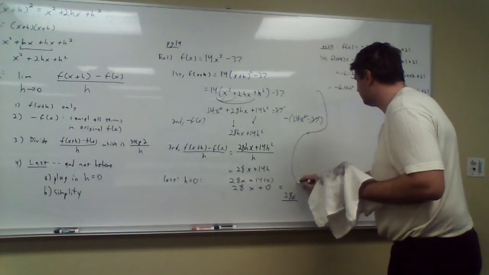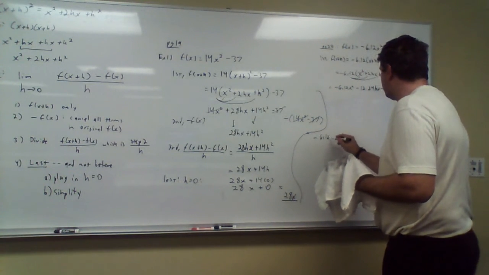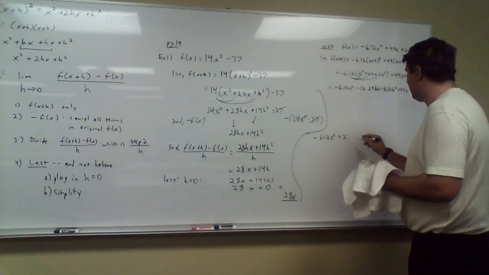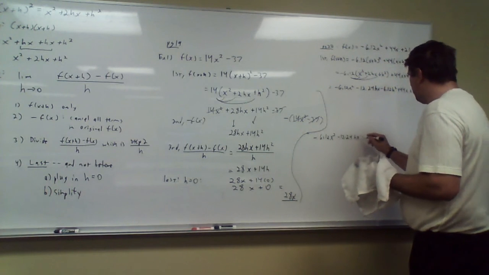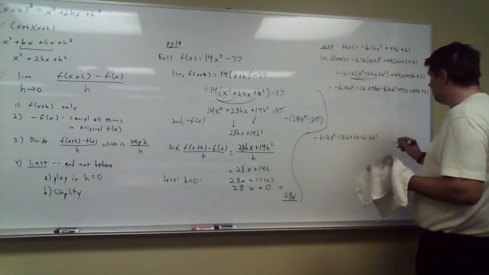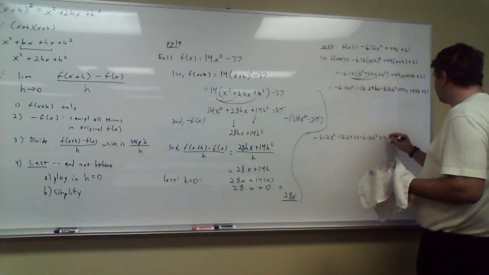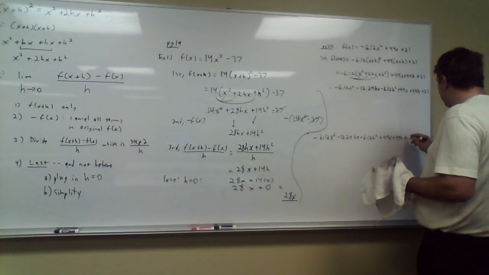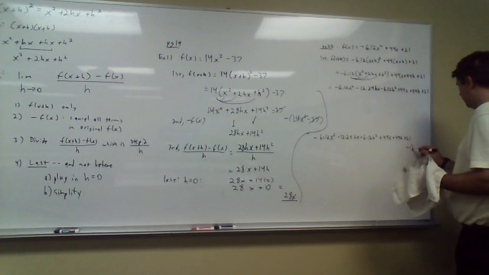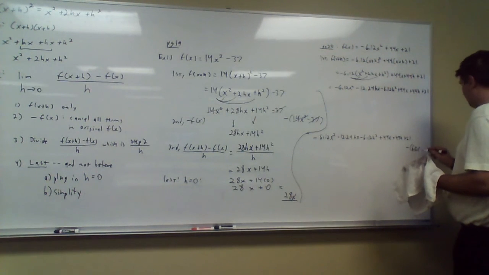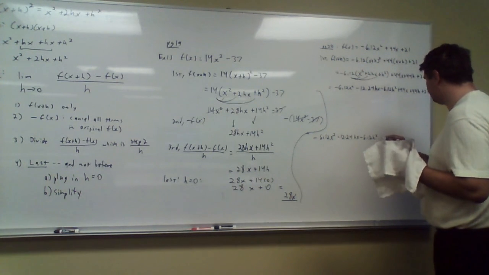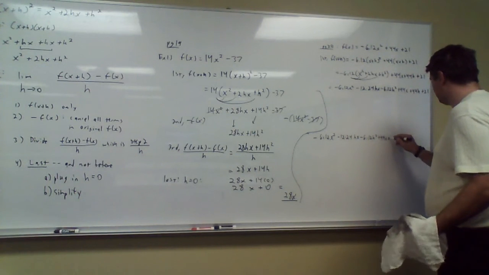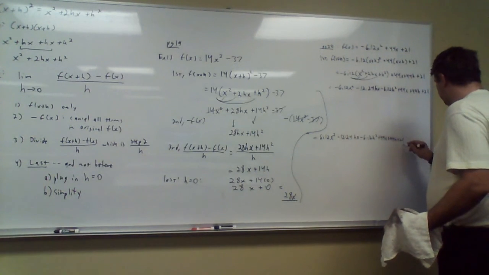So minus 6.12x squared minus 12.24hx minus 6.12h squared plus 44x plus 44h plus 21, minus 6.12x squared plus 44x plus 21.